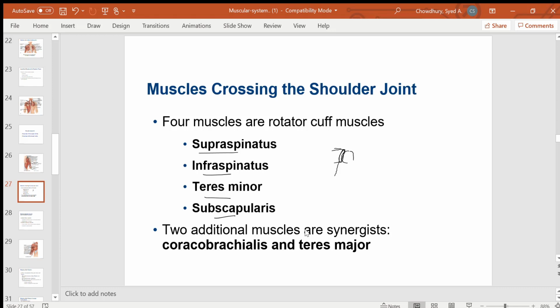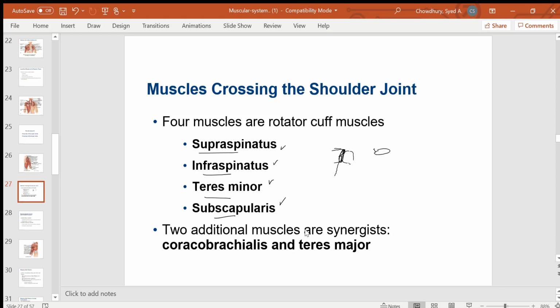Okay, head of the humerus. Since the glenoid cavity is very shallow, what happens? These four muscles, their tendons get attached to the edge of the glenoid cavity and make the glenoid cavity a little bit deep. Like this is the glenoid cavity, shallow.